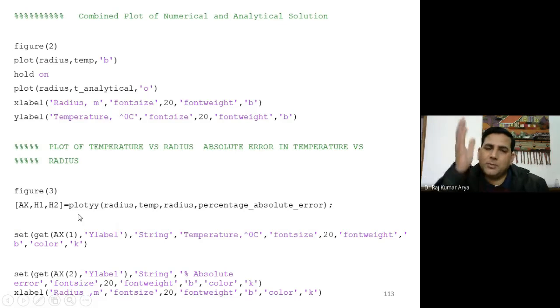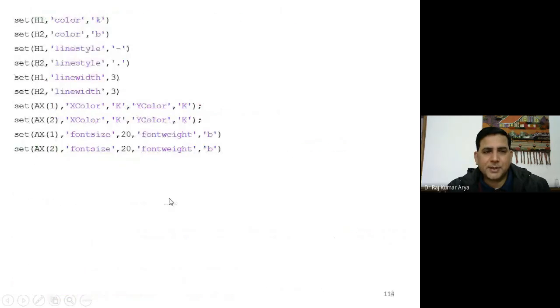We want to plot error and temperature in one graph, and the same for the absolute error also, right? So you can plot everything in one graph. These are again the same commands just to give the decoration, line weight, color, and everything.